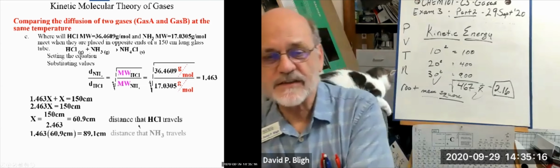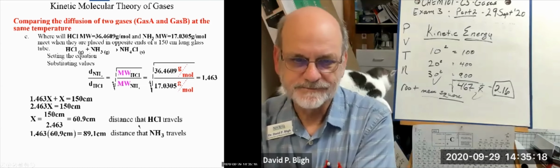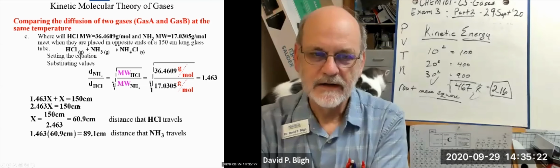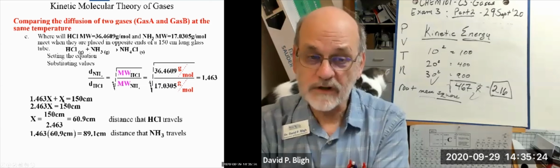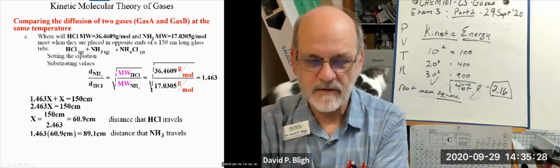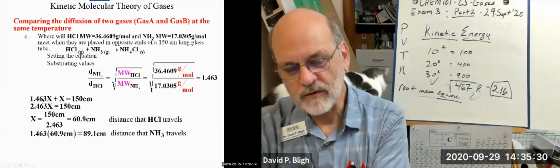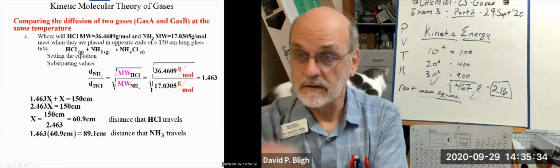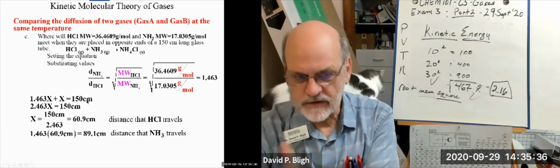X is the distance that hydrogen chloride travels. Right? So if X is the distance that hydrogen chloride travels, then the total distance is the summation of both. So this one travels that distance, and ammonia travels this many times faster or farther. Right? So you add them together and you get the total.